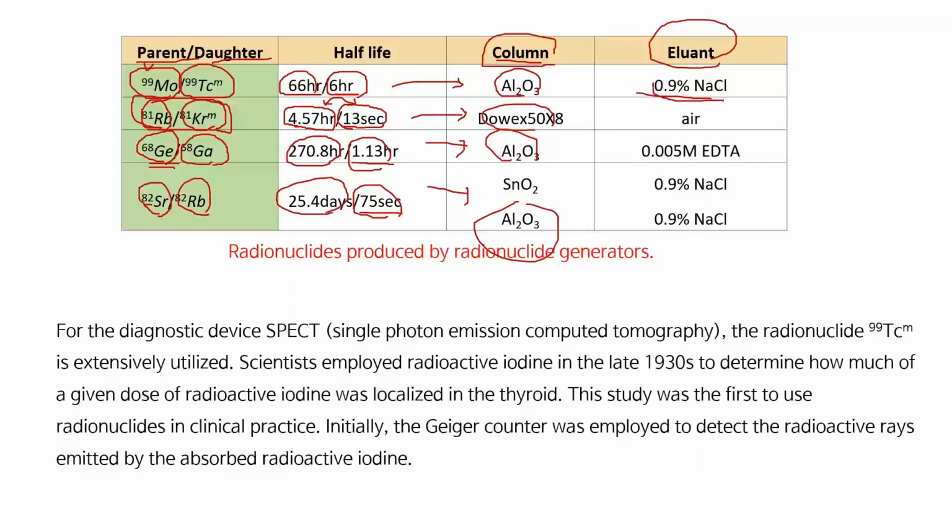Here saline solution is used in this generator, and in this generator we can use air. There is EDTA, and it also uses a saline solution to separate the daughter radionuclide from the parent radionuclide.